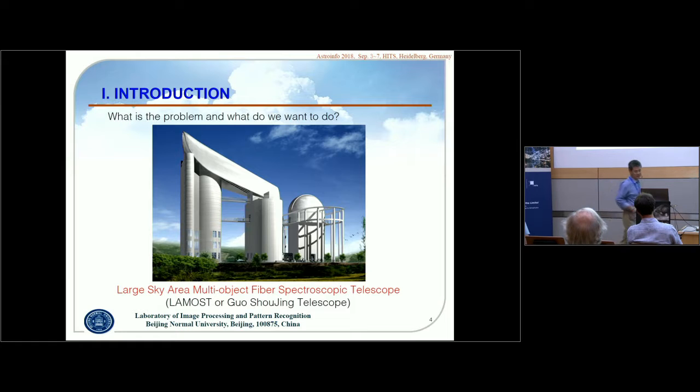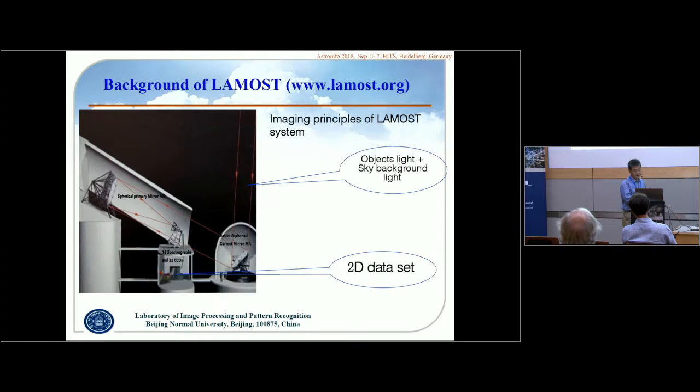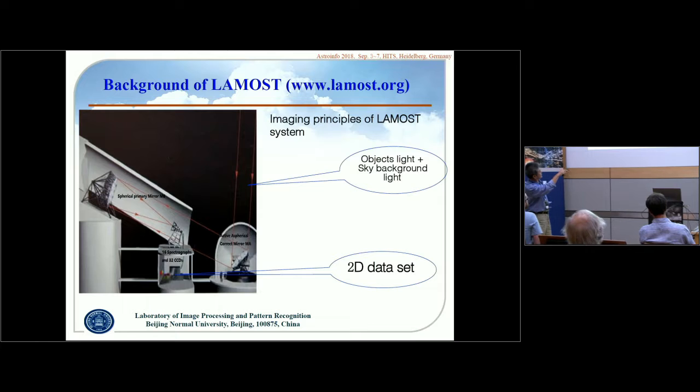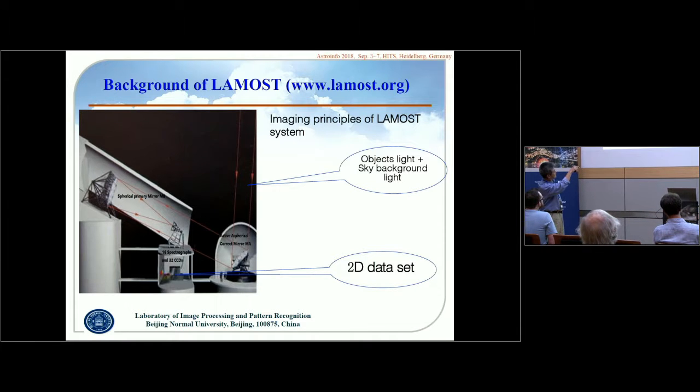LAMOST is a Large Sky Area Multi-Object Fiber Spectroscopy Telescope. This is the light flow. The light is object light plus sky background light.